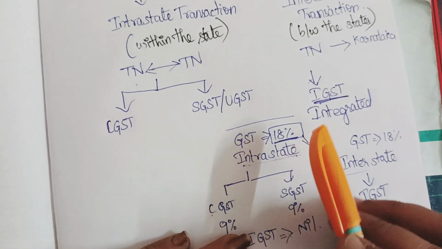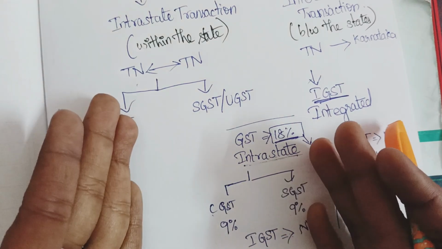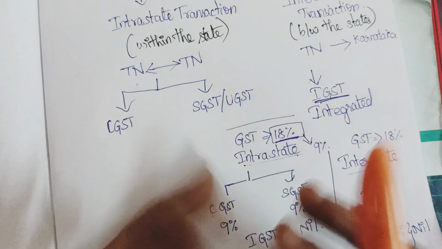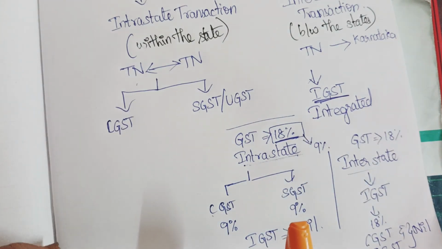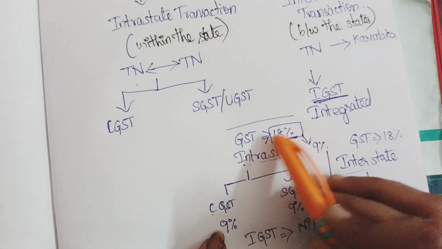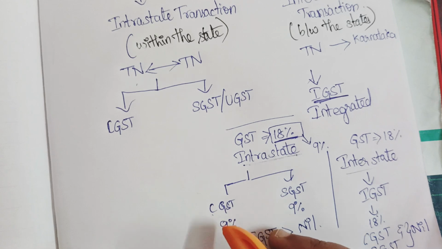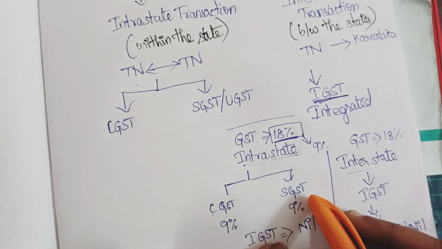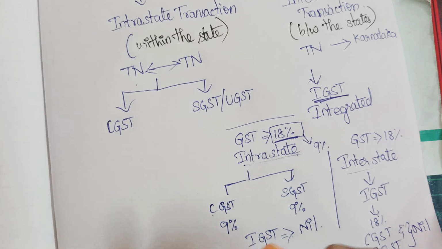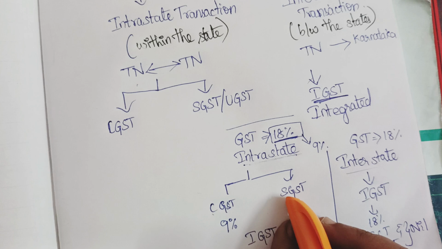Now this 18 percentage will be separated into two halves, because you are going to pay for central as well as state. So you are going to separate this by 2. 18 will be separated as 9 percentage and 9 percentage. If it is 5 percentage, half of 5 percentage is 2.5. So CGST will be 2.5 and SGST will be 2.5.